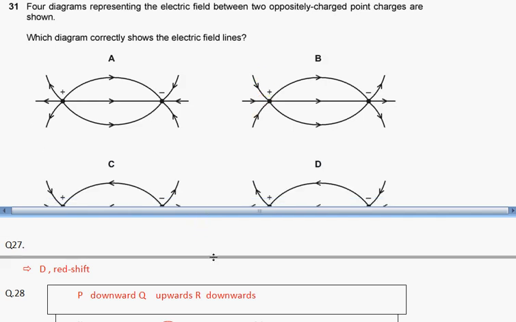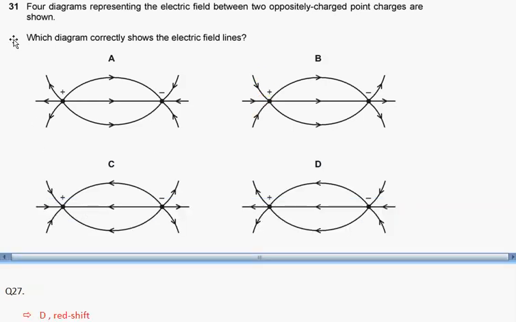Standard picture of electric field. Four diagrams represent the electric field between two oppositely charged point charges. Which diagram correctly shows the electric field? So I think it is this diagram, because it should show the force on a positive charge, so outward for plus, inward for minus.